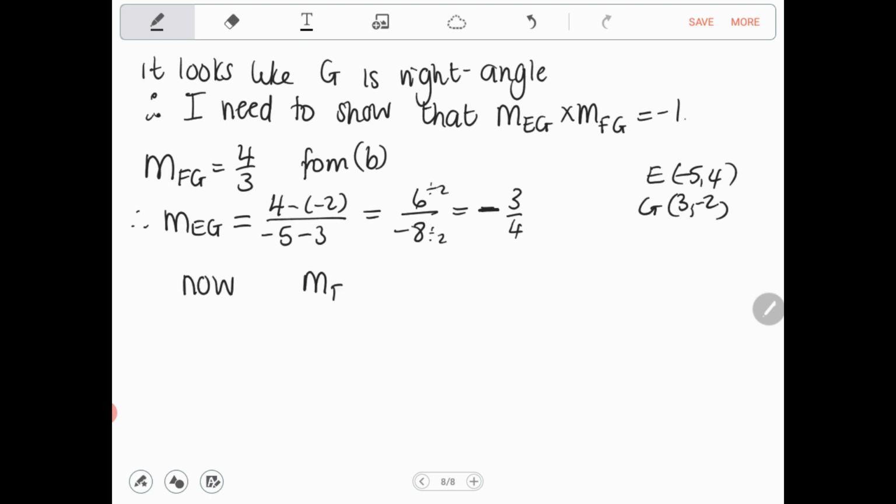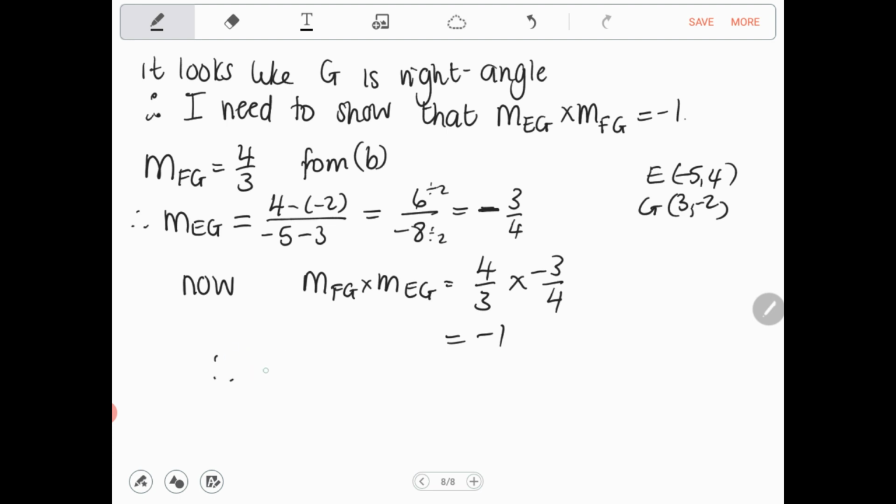So if I take the two gradients, I've got 4/3 times -3/4. And can you guys see that's going to give me -1?